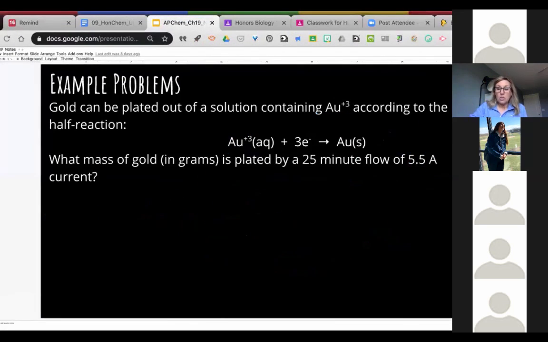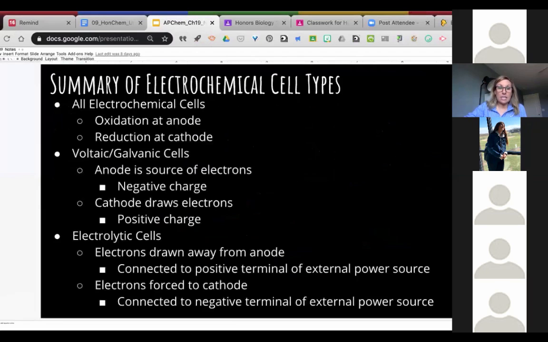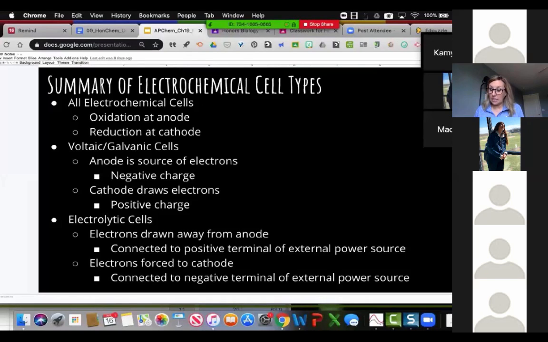Okay. So the last slide that we're going to look at today is just a summary of these cell types. It gives you a summary of the difference between them. All the electrochemical cells, whether they are voltaic cells or electrolytic cells, always do An Ox Red Cat. Oxidation happens at the anode, reduction happens at the cathode.